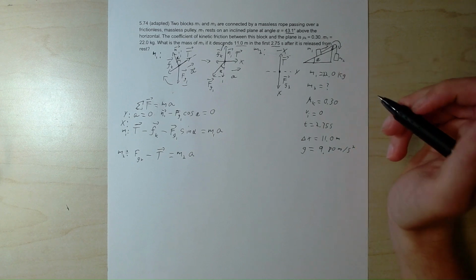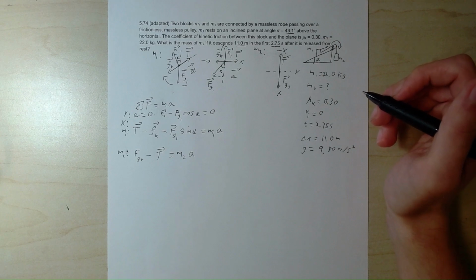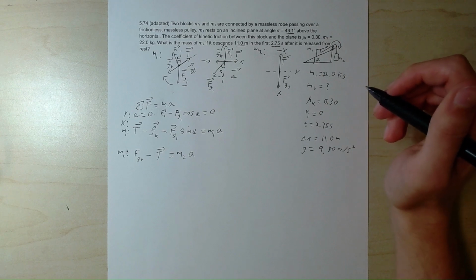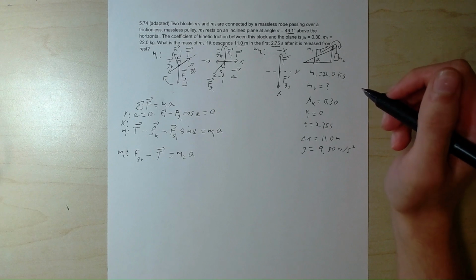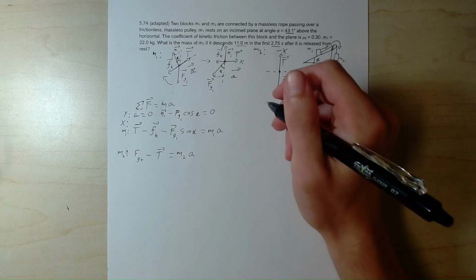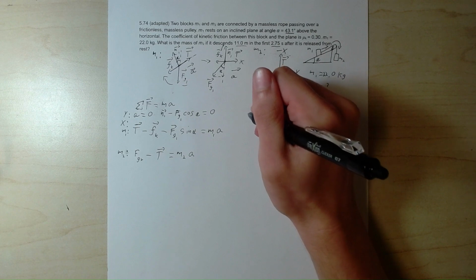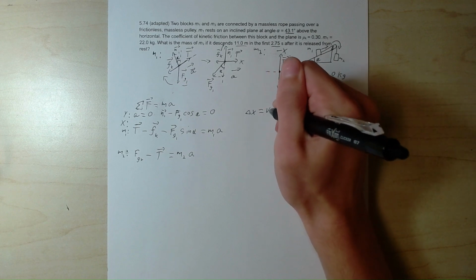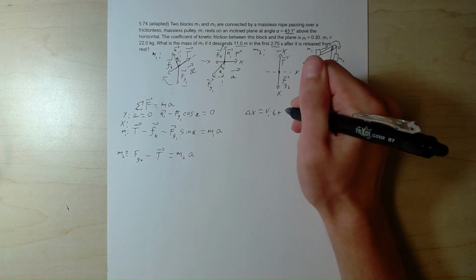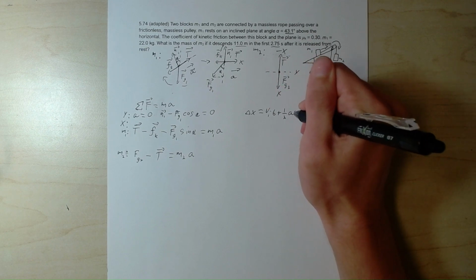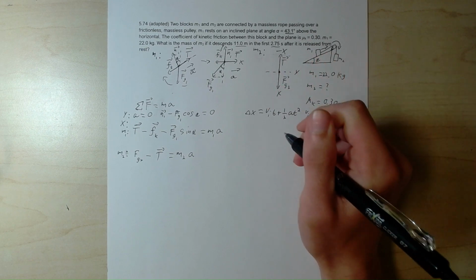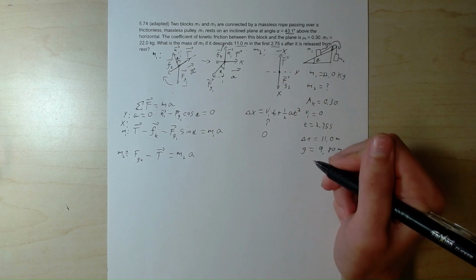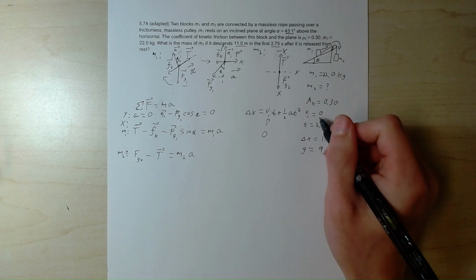Well, we know that we can get a, so let's solve for that first. Using our kinematics equations, we know that delta x equals v_i t plus 1/2 a t squared. And we know that v_i is 0, because that's given to us in the problem. It's released from rest.